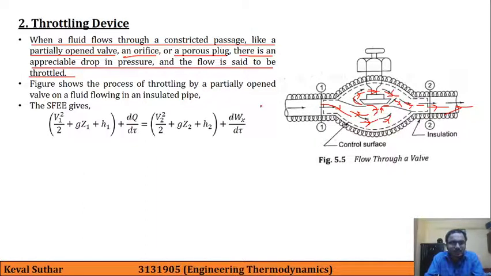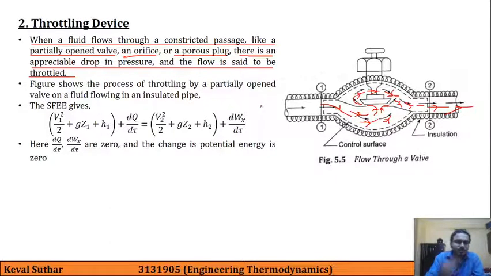The SFEE equation is this, that is our standard equation. Now here a few terms are 0. Why? Because this entire pipe is insulated, so there will not be any form of heat interaction. Second, we are not getting any form of work output out of this throttling, so this will also be 0. Now the change in potential energy is 0 again.